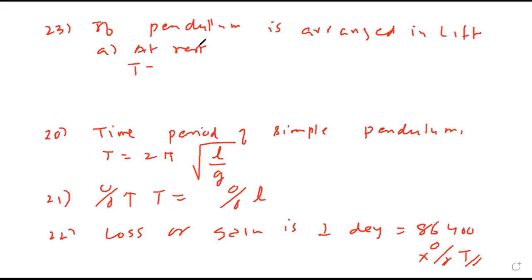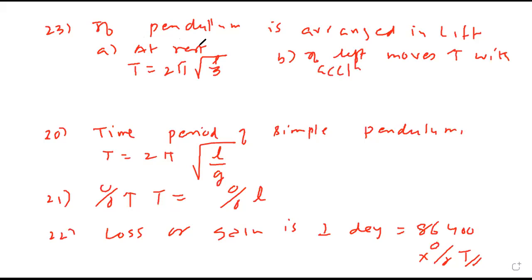At rest, time period will be 2 pi root L by g. If lift moves upward with acceleration a, then T equals 2 pi root of L by g plus a. Just copy this much again.